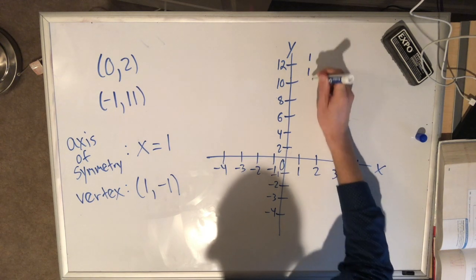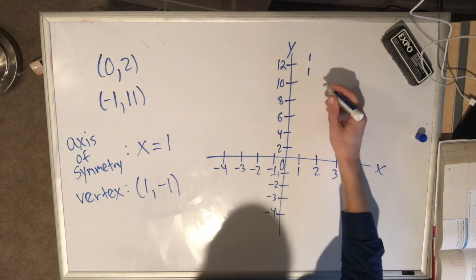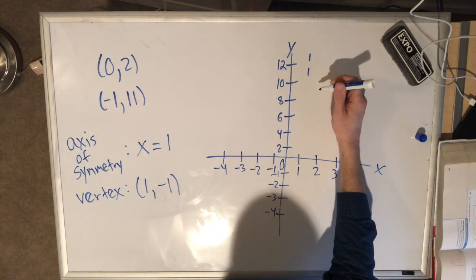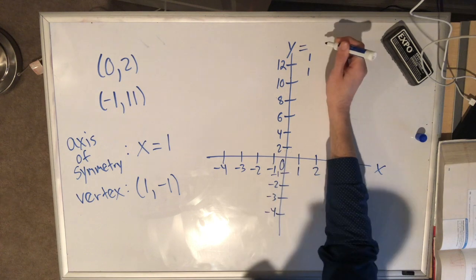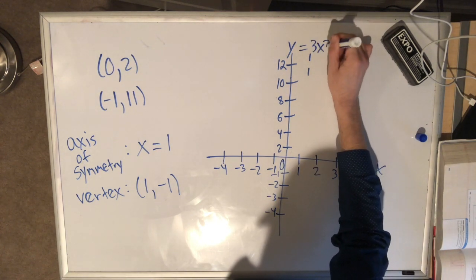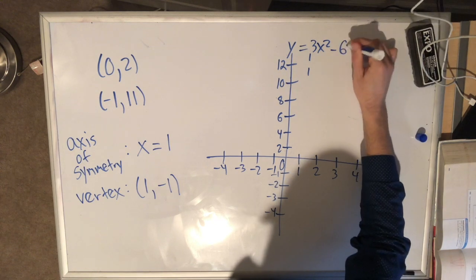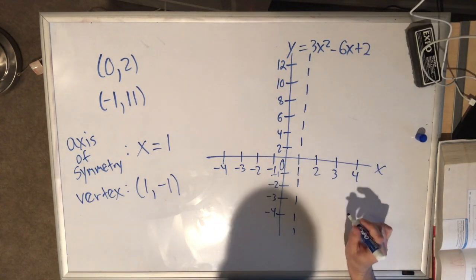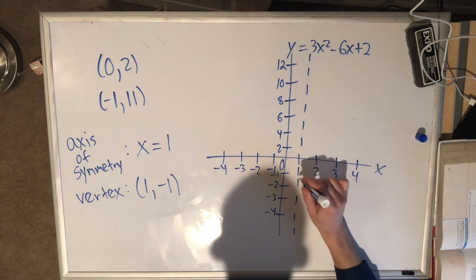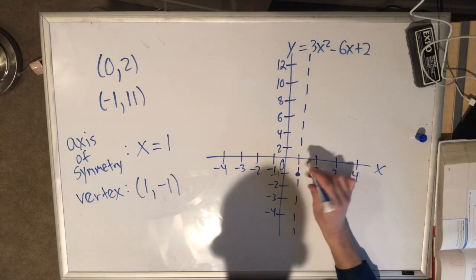The axis of symmetry is a dotted line, because that's not actually part of the parabola, the graph of y equals 3x squared minus 6x plus 2. All right, so 1 comma -1, the lowest point on the graph, is right here.